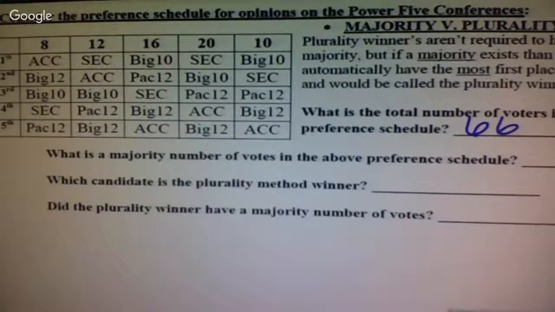So 66 people voted altogether in this election. How many votes do I need to have a majority of the votes? 34. Again, greater than half. So when I cut 66 in half, that gives me 33, and you need more than that. So I need to round that up to 34.